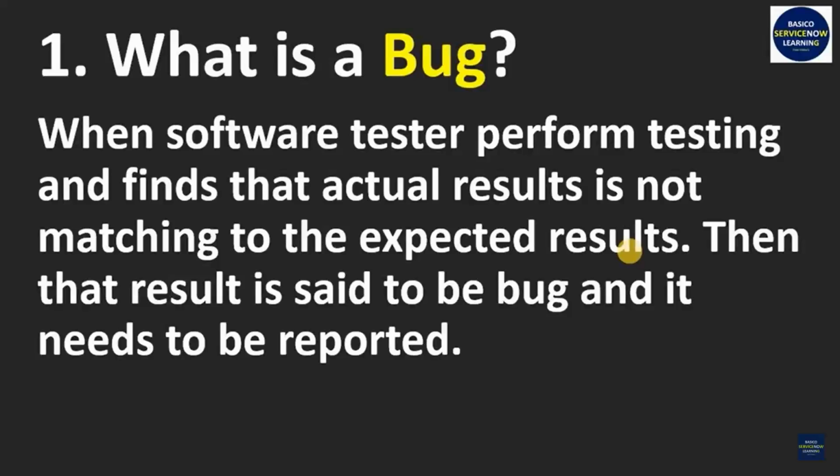Then that particular email is not received by XYZ. In case it is received by person ABC, or the email is not delivered to anyone, it means that it is not working as per the expected functionality or expected result. That is said to be a bug.